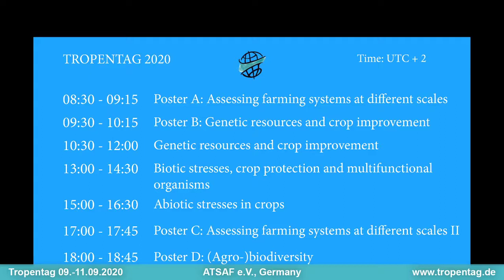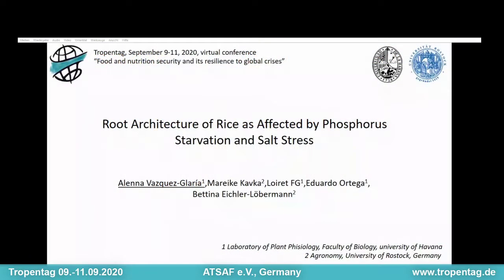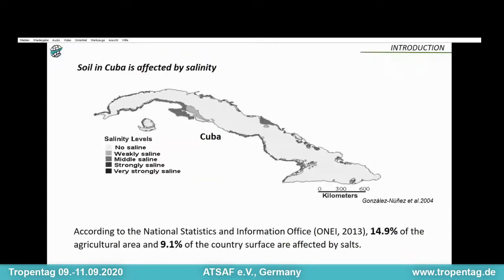The name of the present work is Root Architecture of Rice as Affected by Phosphorus Starvation and Salt Stress. This work is a result of a collaboration between University of Havana and University of Rostock. Salt stress is one of the most harmful environmental factors affecting production of crops. In Cuba, about 15% of the agricultural lands are affected by salinity.